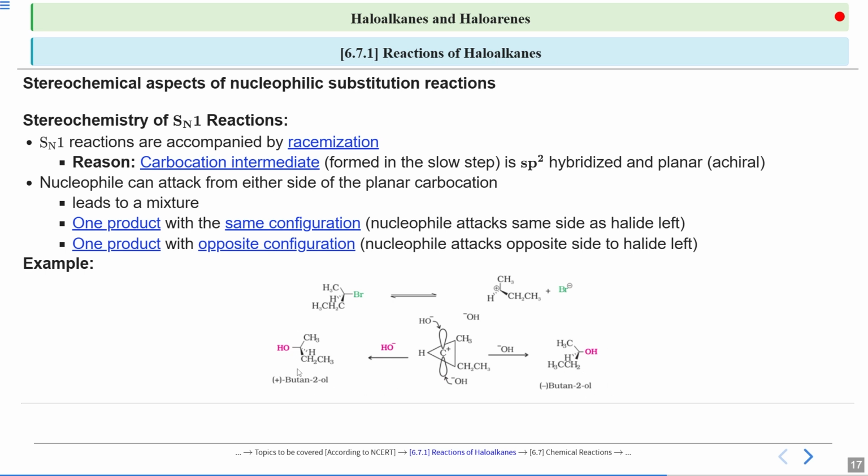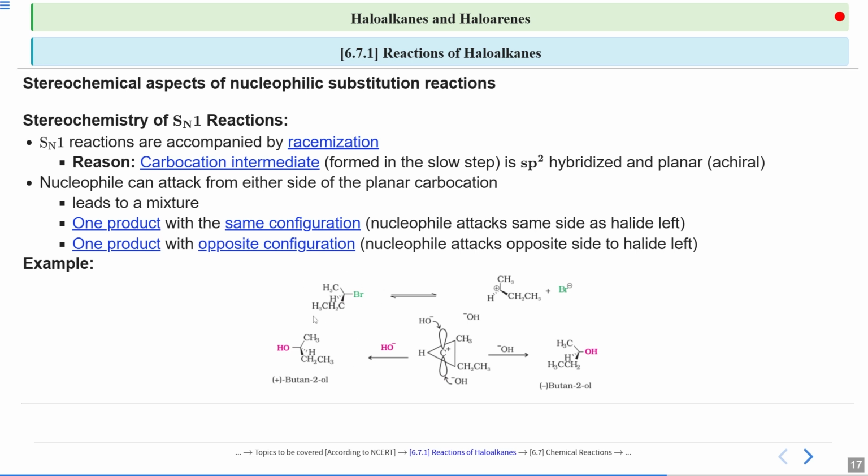In the positive butan-2-ol, you are getting a configuration which is the inverse of the reactant, right? Because the nucleophile has attacked the opposite side of the carbon from the side where the halogen is leaving. So we are getting the opposite configuration from the reactant configuration.